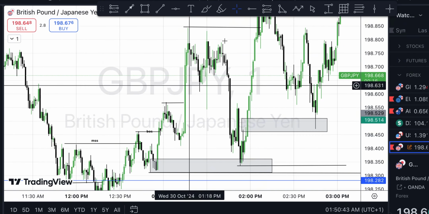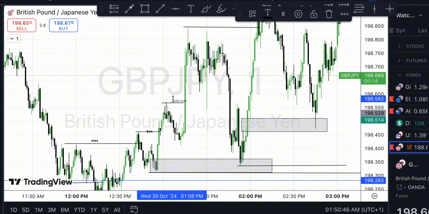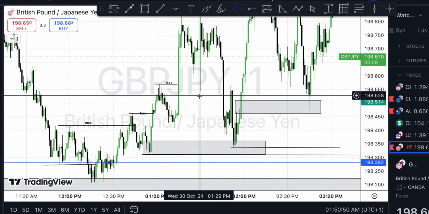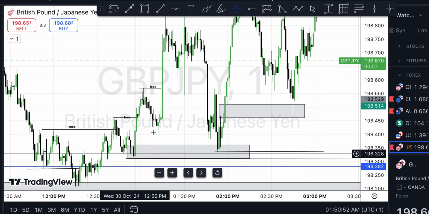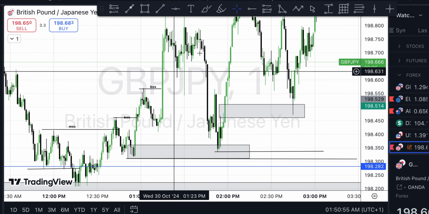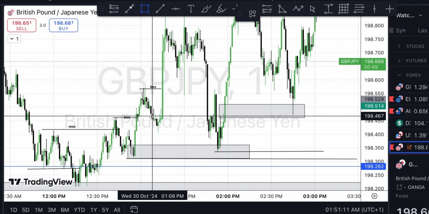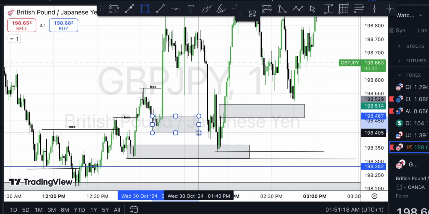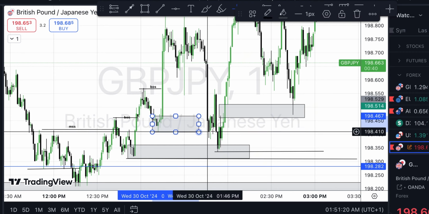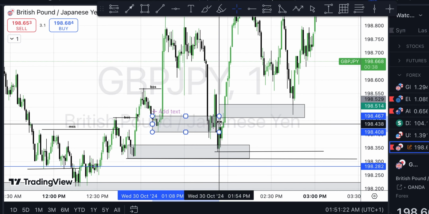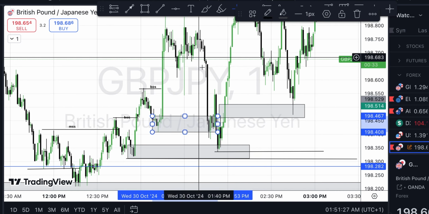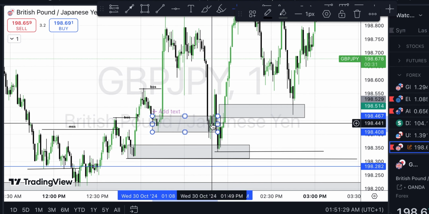Price now does this break of structure here. Price does another break of structure here. Wow. So when price did that, some people that don't know how to trade, newbies, they will use it as the order block and expect price to come to this zone before buying.